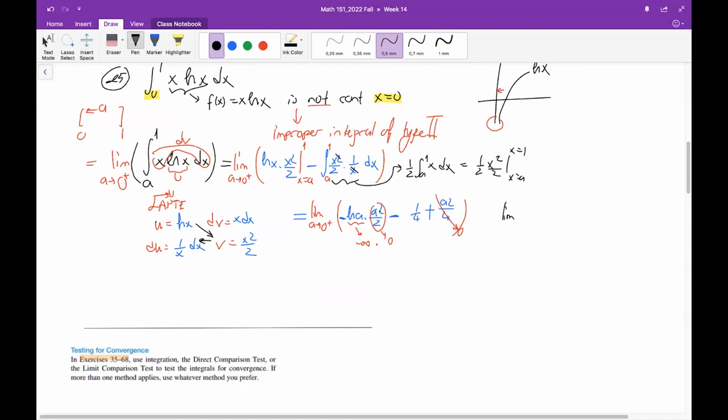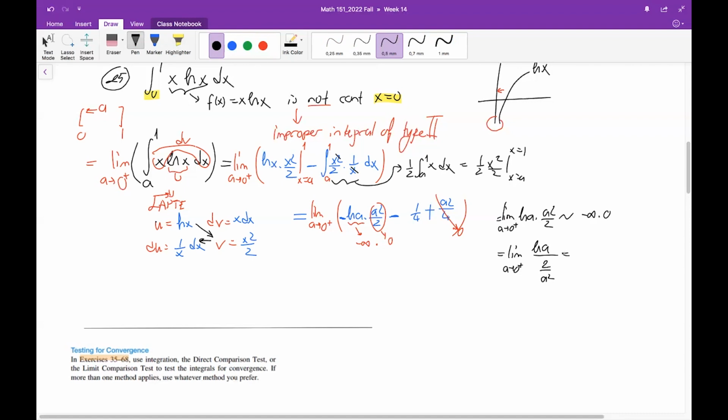Limit, let me write this down again. Limit of ln a times a squared over 2. This is an indeterminate form like that. It is evaluated like this: you can take one of the functions to the denominator by taking the reciprocal of it.